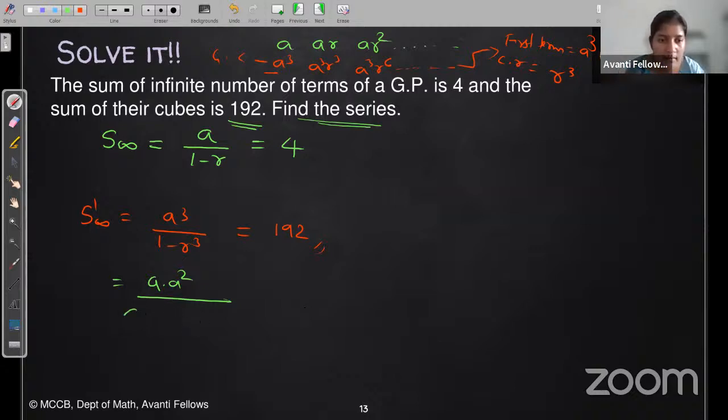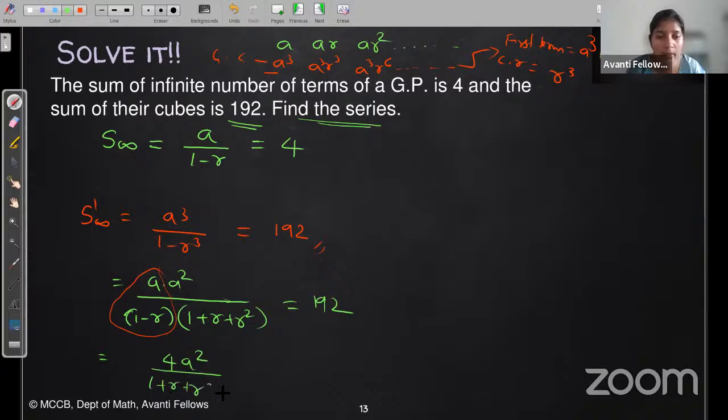So I can write this as 1 minus r into a squared, 1 plus r plus r squared, correct? That is equal to 192. We already know a upon 1 minus r value, right? So just replace it. When we replace it, what will we get? We will get 4a squared divided by 1 plus r plus r squared equal to 192.